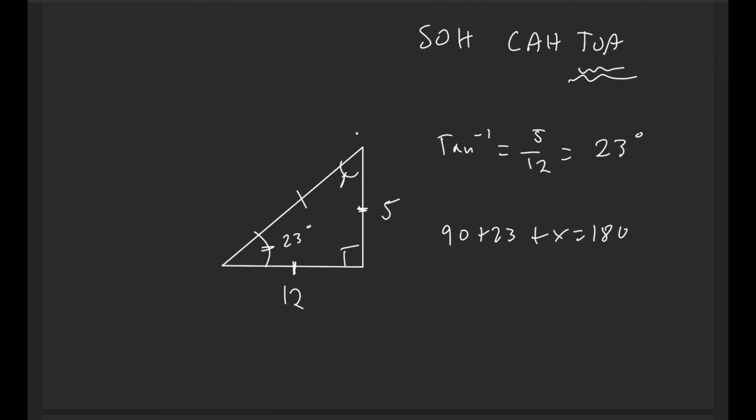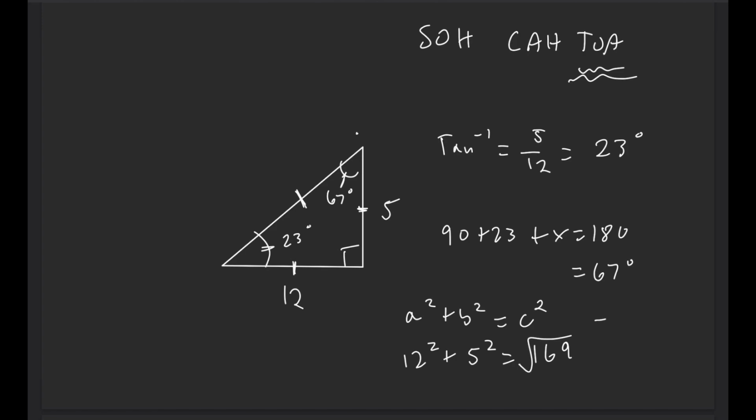So we can write an equation like that, and we'll see that the missing angle is equal to 67 degrees. And then we can just use a squared plus b squared is equal to the hypotenuse squared. The hypotenuse is the biggest side, so that's this one. And we'll get 12 squared plus 5 squared is equal to 169. So then if you square root that, you will get 13.